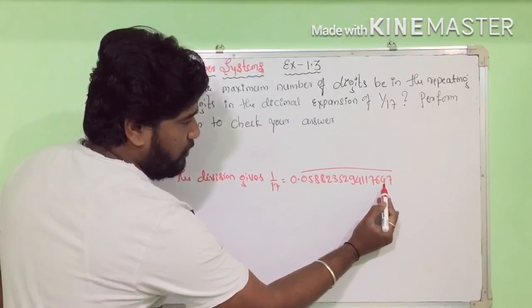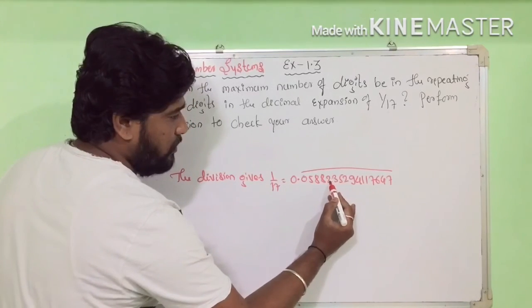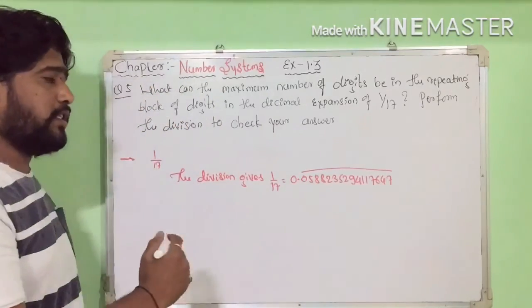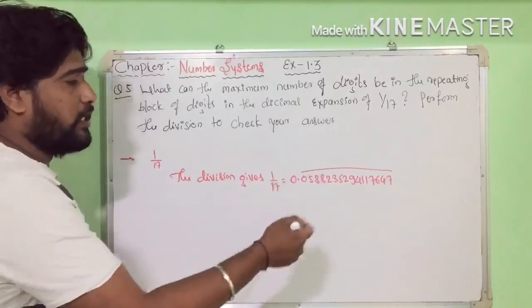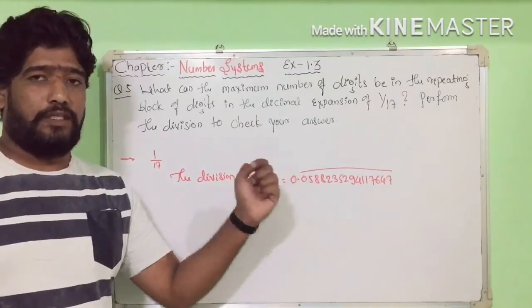See, count here: 1, 2, 3, 4, 5, 6, 7, 8, 9, 10, 11, 12, 13, 14, 15, 16. So after these 16, the digits are repeating, it is a non-terminating repeating decimal.